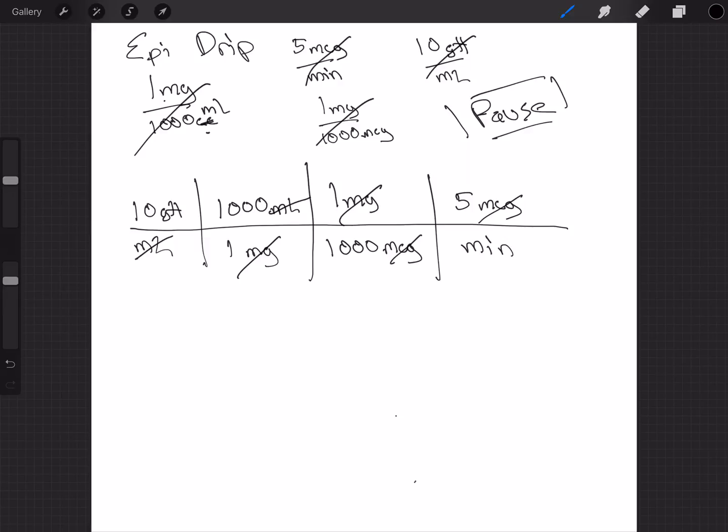All right, so we have 10 drops times 1,000 times 5 micrograms divided by 1 times 1 times 1,000 times 1. Now, this one should be really easy to be crossing things out up there, right? So we got 1,000 on the top, we got 1,000 on the bottom. We're going to cross those out.